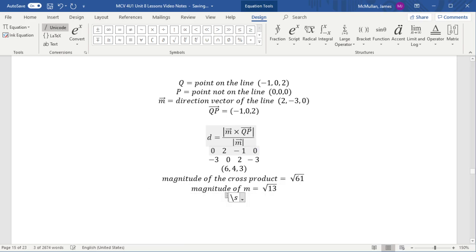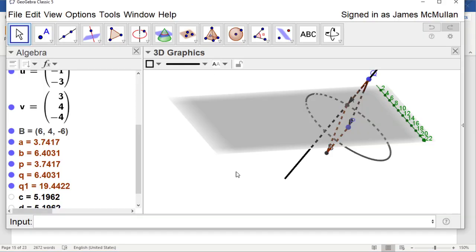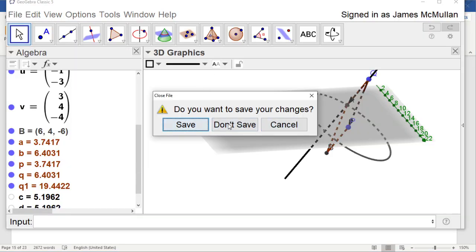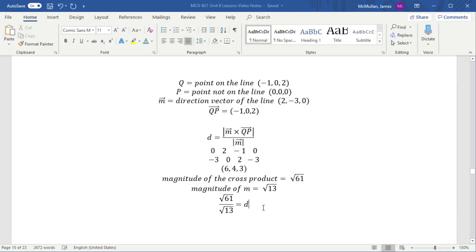So the answer is square root 61 divided by square root 13 equals the distance. So we can work that out. Square root 61 divided by that number, so 2.17 units away.